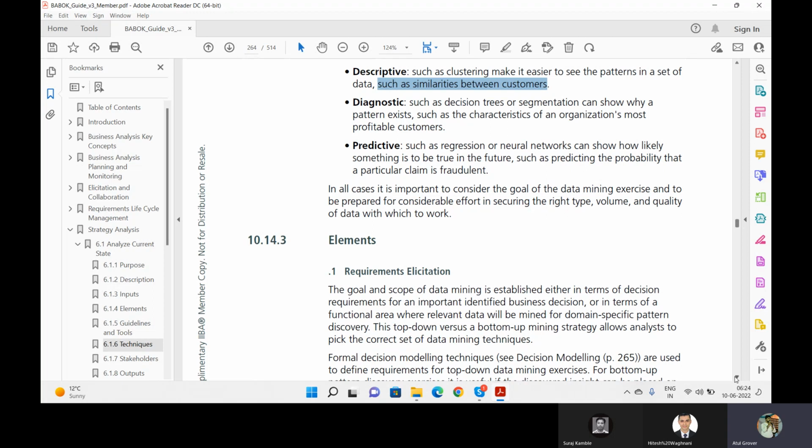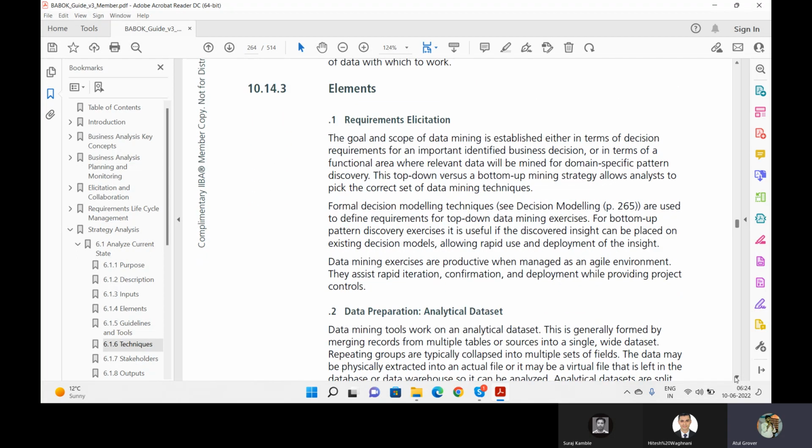Now, what are the components? What are the elements of these things? The first one is requirement allocation. The goal and scope of data mining is to establish either in terms of decision requirements for an important identified business decision, or in terms of the functional area where the relevant data will be mined.